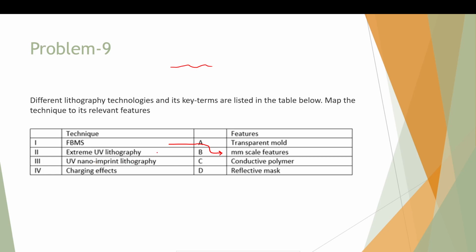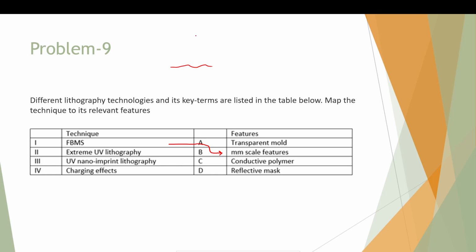Extreme UV lithography. In extreme UV lithography, as I said, we go to very low wavelength. In low wavelength, the optics becomes very complicated for doing the projection lithography.